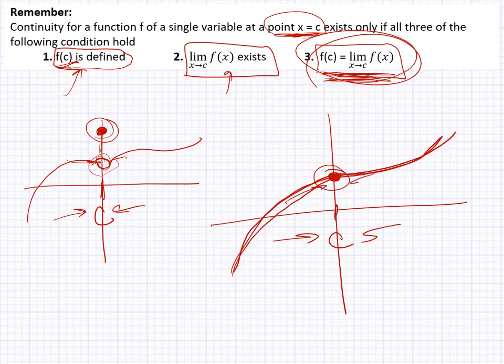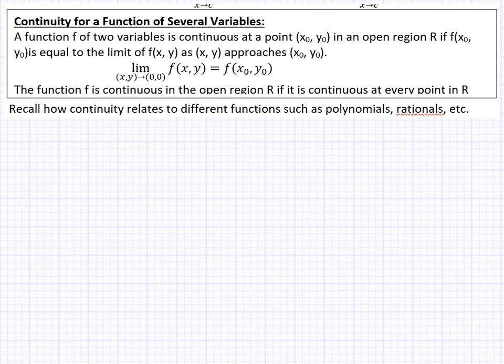So that's something to remember from Calc 1, because we're going to use that exact same thing to define continuity in the multivariable situation. So in looking for continuity of a multivariable function at a particular point, we basically do the same thing. 3 things need to happen. 1, the function has to exist at a given value. So you have to be able to find f of x sub 0, y sub 0. 2, the limit as you approach that point has to exist.